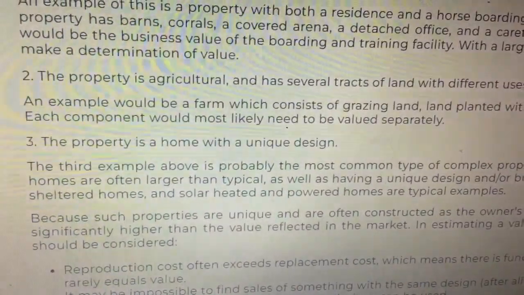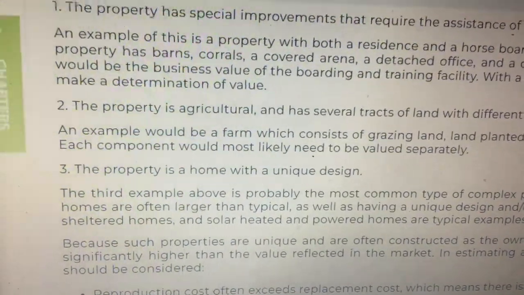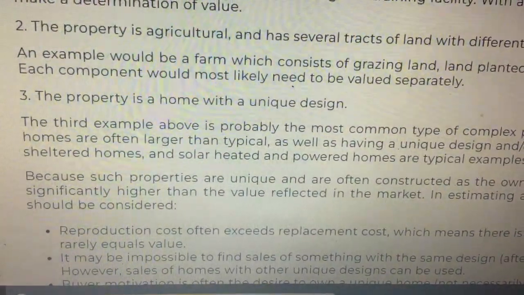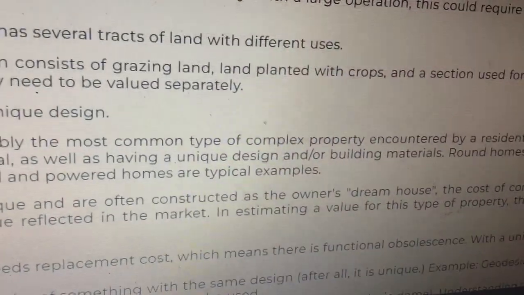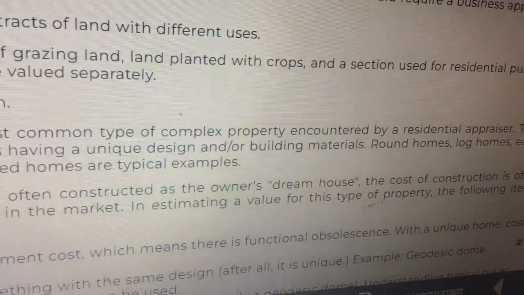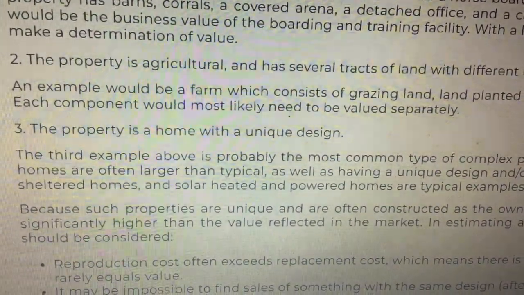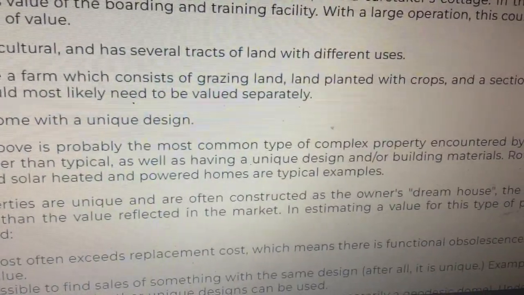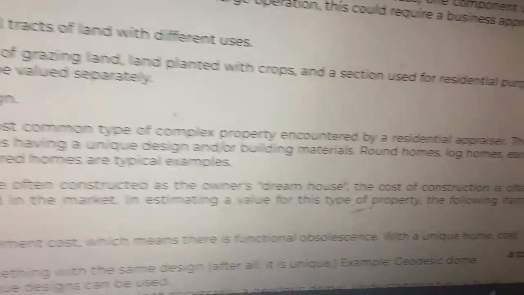Number three, the property is a home with a unique design. The third example above is probably the most common type of complex property encountered by a residential appraiser. These homes are often larger than typical, as well as having a unique design and/or building materials.